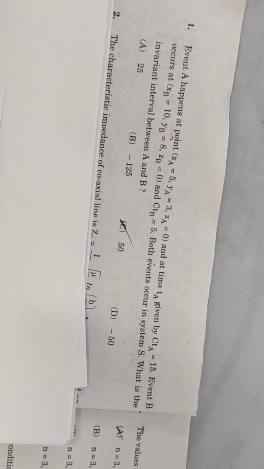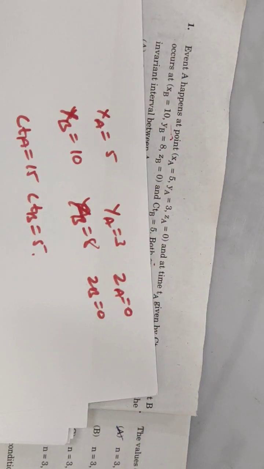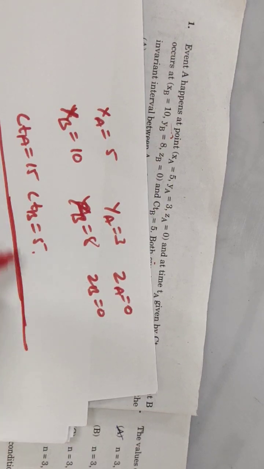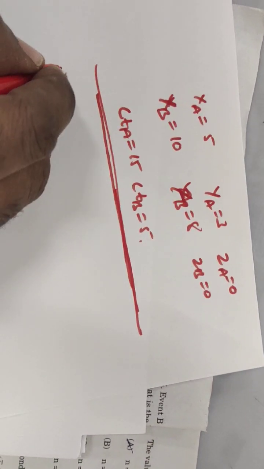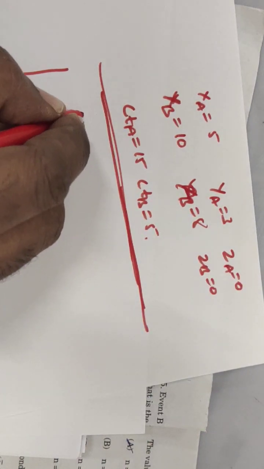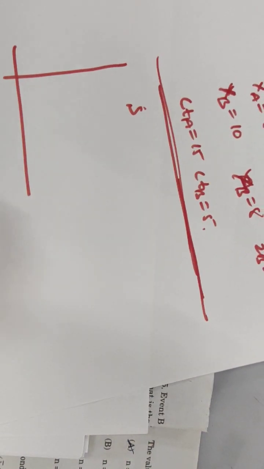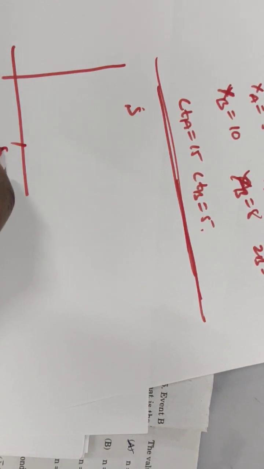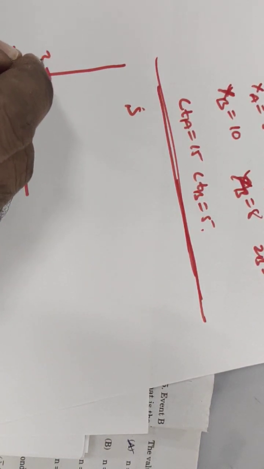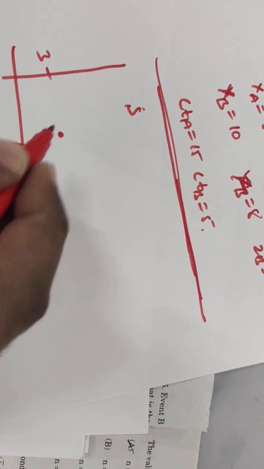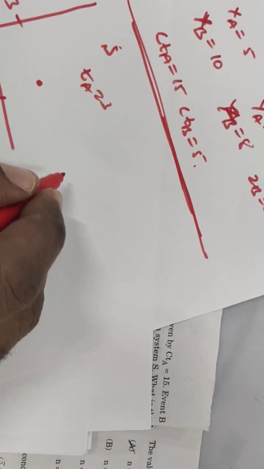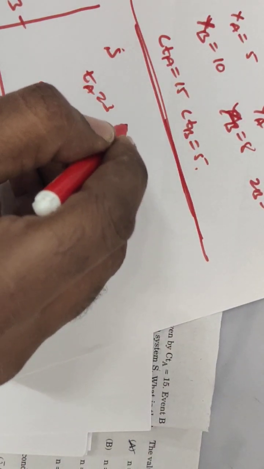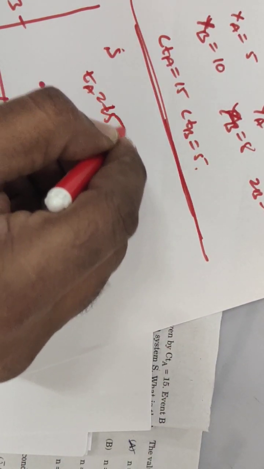So let's see how it is. Let us write down the solution. These are the hints given to solve the problem. Let us consider the S frame. In this S frame, the particle is at x is equal to 5 and y is equal to 3, at time ta is equal to 15.